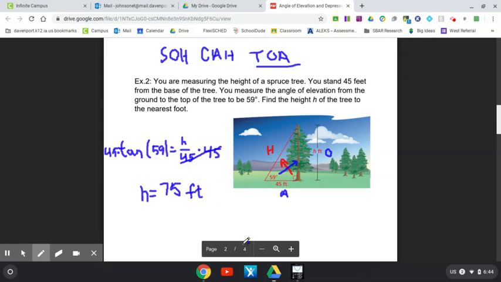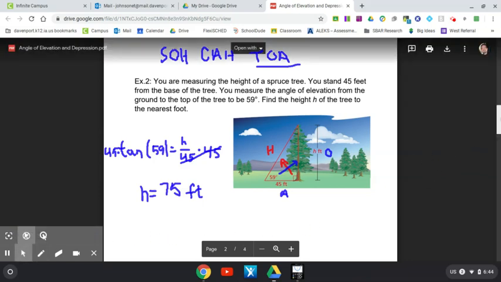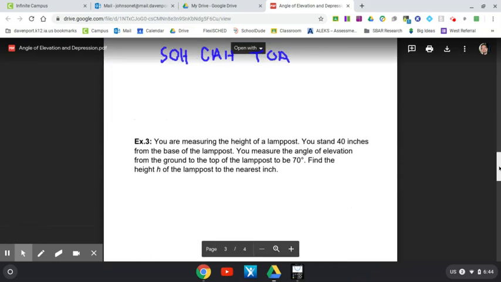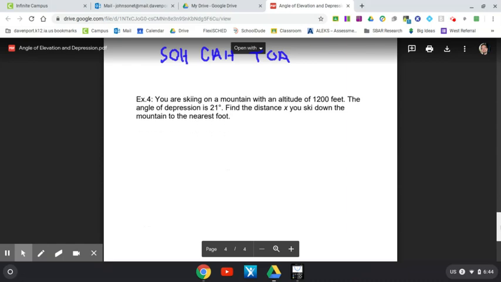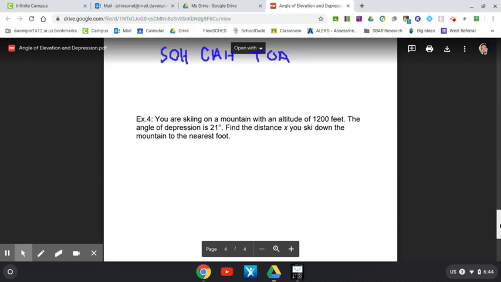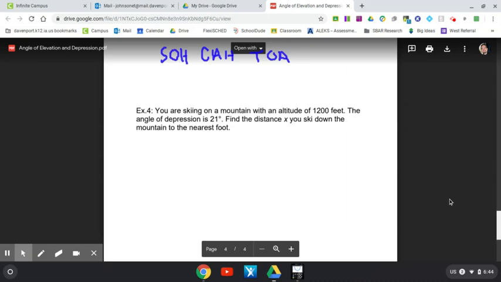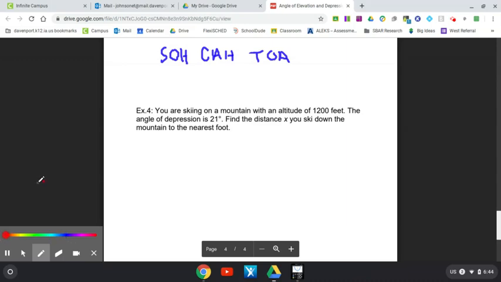Okay, let's look at one more problem. So unfortunately, I don't give you a picture, so you guys get to suffer through Mr. Johnson's fantastic art.